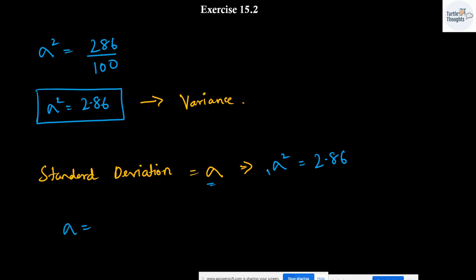Take root on both the sides, sigma will be equal to root of 2.86. Root of 2.86 we will be getting as around 1.68, or you can write this as 1.69. So sigma is going to be equal to 1.69.